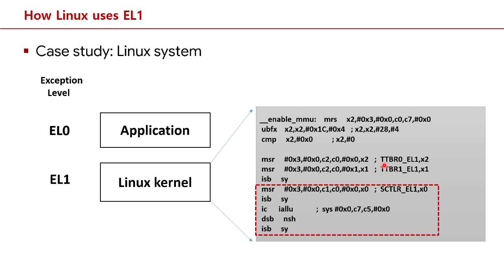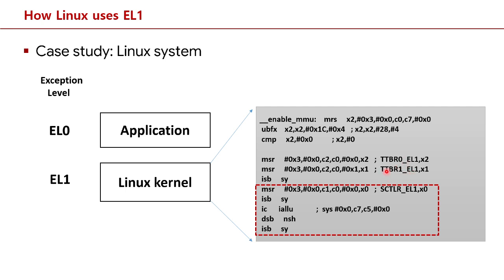So you can write any value onto those kinds of system registers in the Linux kernel. This is the system register, the TTBR0_EL1 register. The register has the address of the page table that is used to translate the virtual address into a physical address at exception level 0. So this system register is used to convert the virtual address into a physical address for software running at exception level 0.